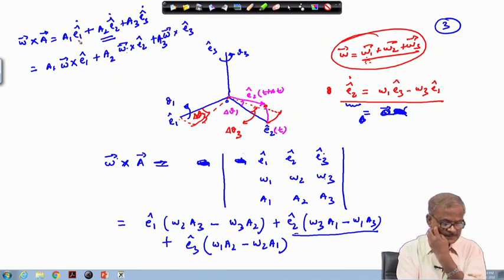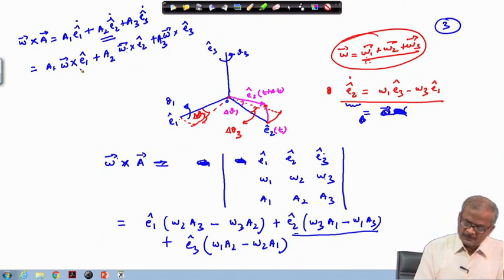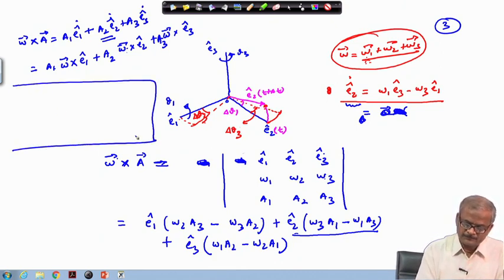E 1 dot is nothing but omega cross E 1 cap, that you can check. Here we provide the check in this place.